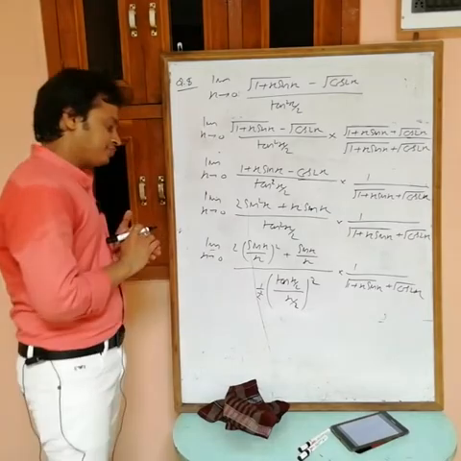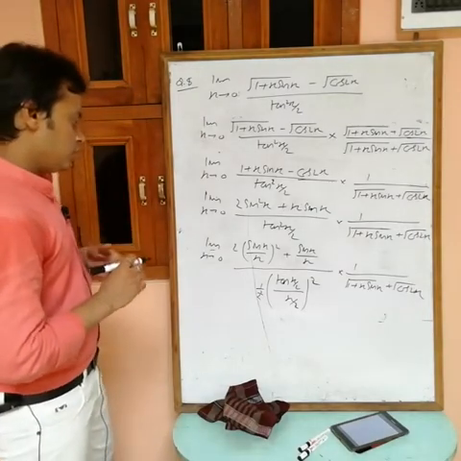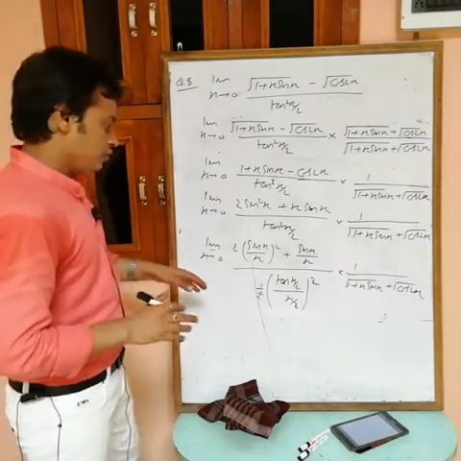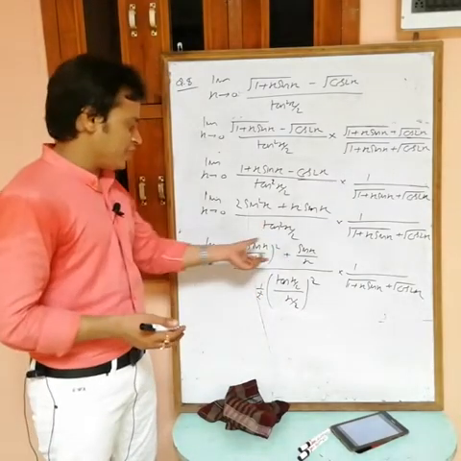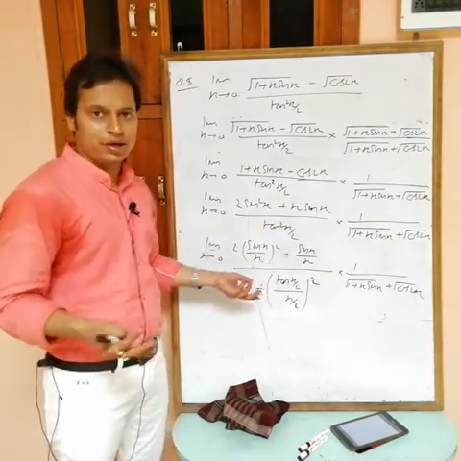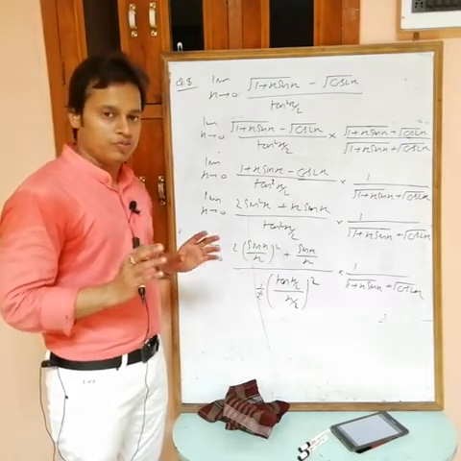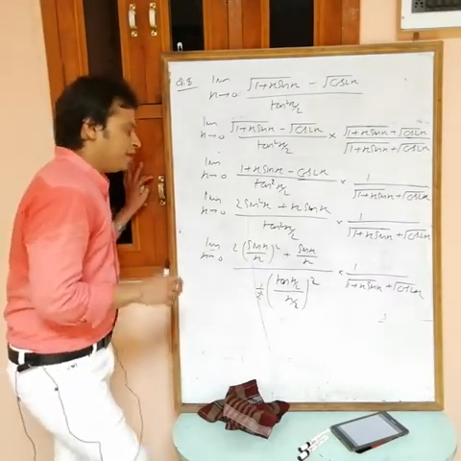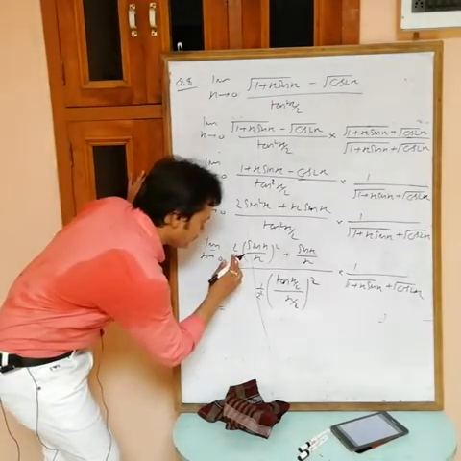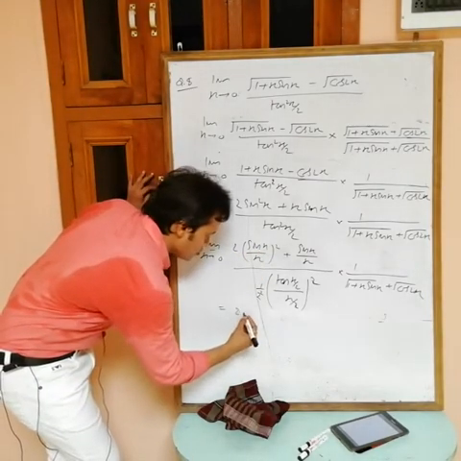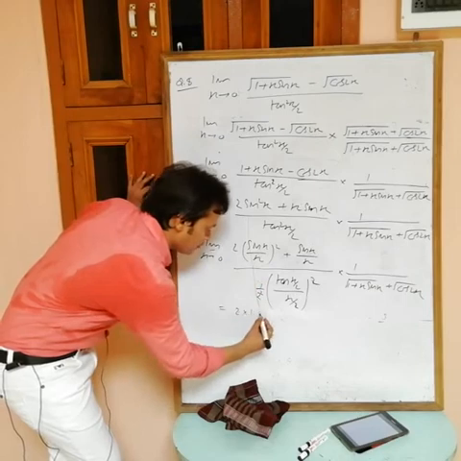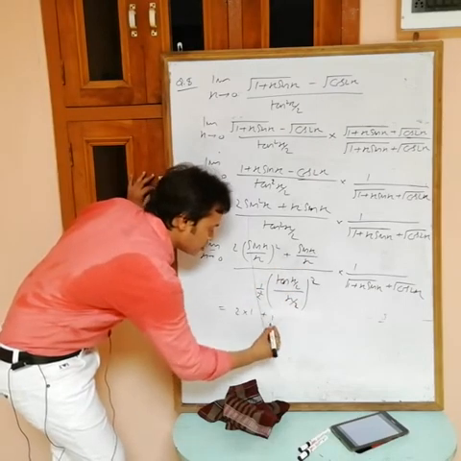Now apply, this is finite. Okay, standard limit now, and also there is no indeterminate form, so now you can use the standard limit. If you use the standard limit, what we are getting is 2 into this equals 1 plus this equals 1.